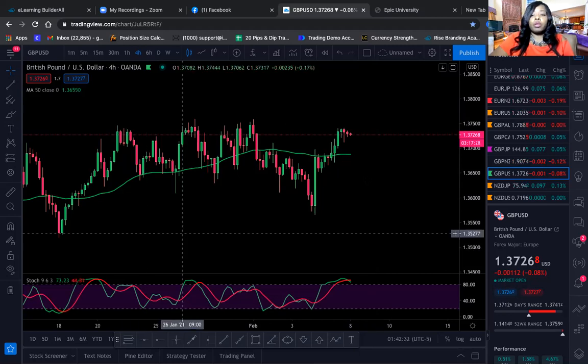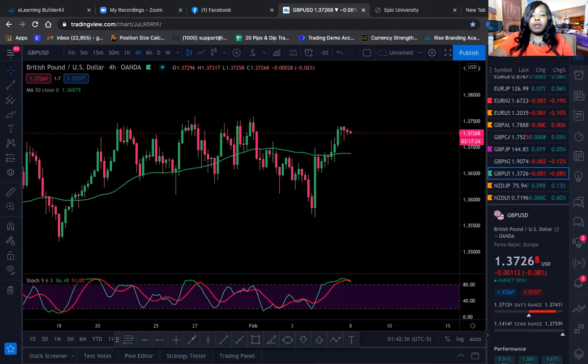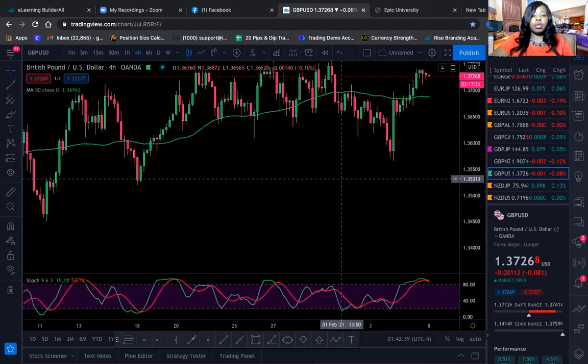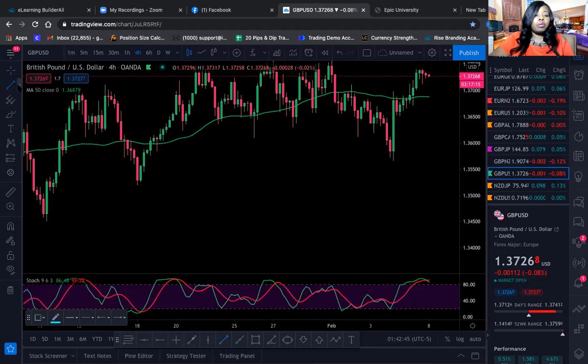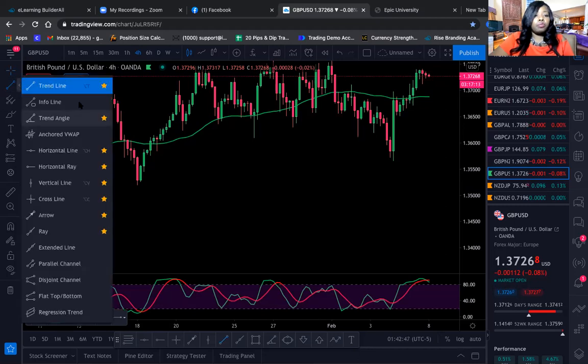So what else can I do to help me mark this chart and identify and analyze this trade? I can come over here to some of my tools, and I can select different tools. We have trend lines. I don't even know what this is. Information line.